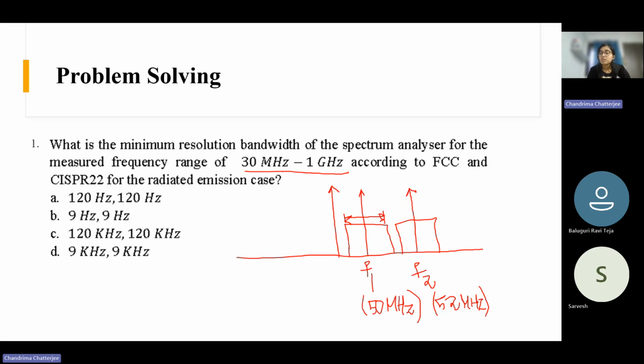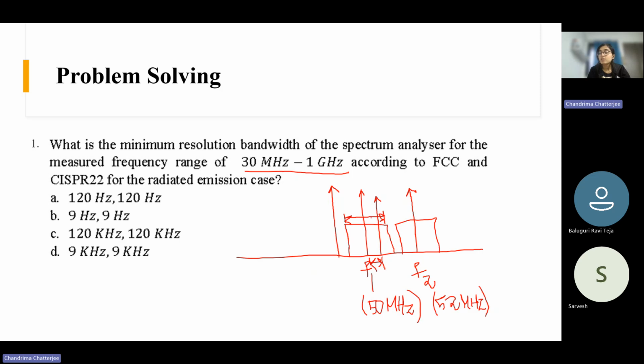But suppose you are getting one at 50 megahertz, and then you are getting a peak over here which is very close to 50 megahertz, and the difference is less than 1 kilohertz.